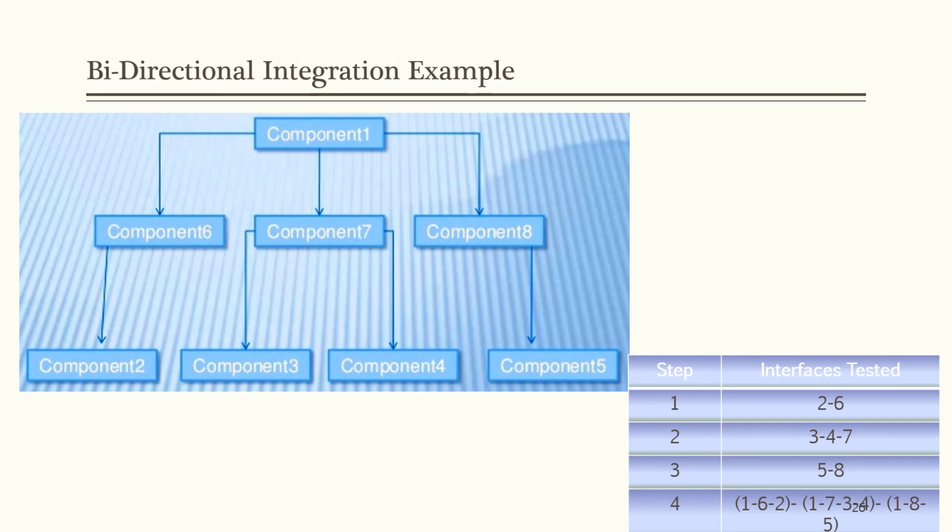At step 3, component 5 is integration tested with component 8. The target layer is the middle layer. At step 4, component 1 is integration tested with components 2 and 6, then components 7, 3 and 4, and then components 8 and 5.